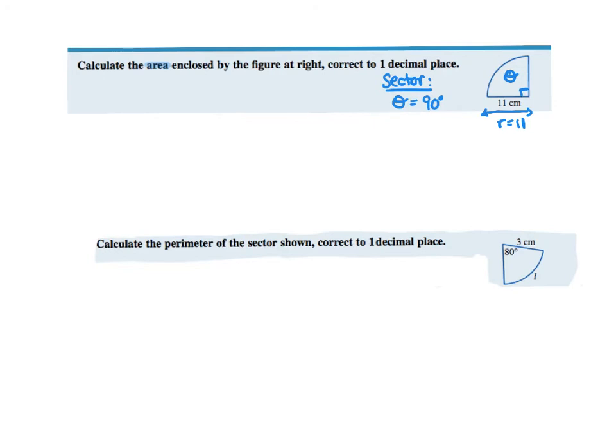Okay, so we're going to find the area of a sector. We'll write down our formula. Area equals the angle over 360 times pi r squared. In my question, I've got 90 over 360 times pi r squared.